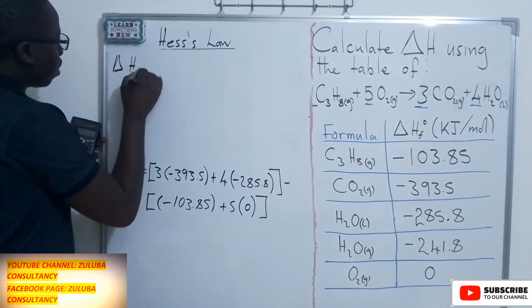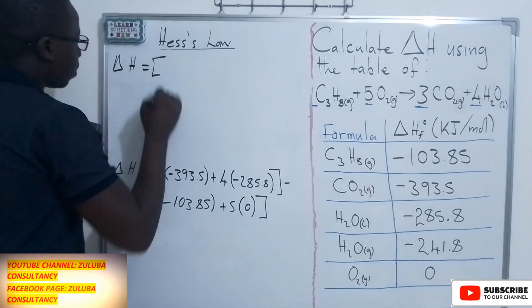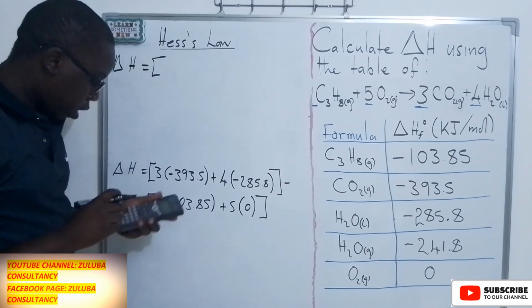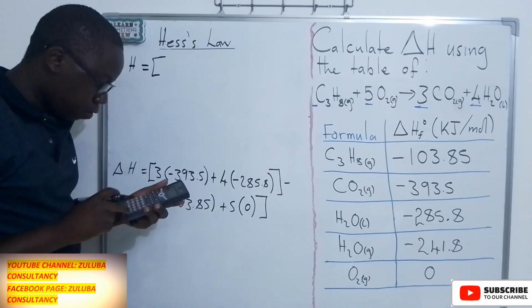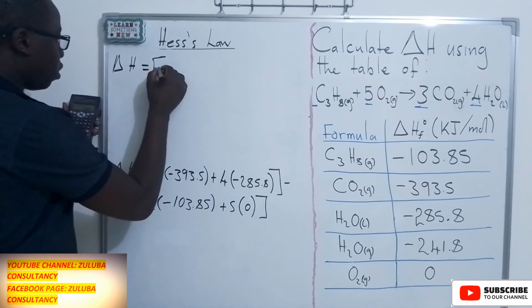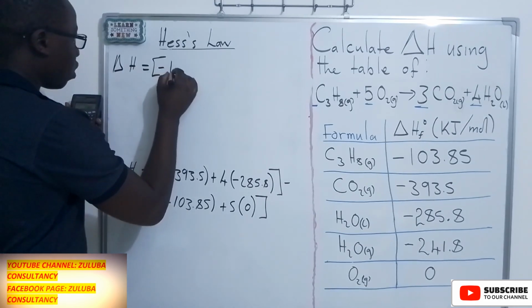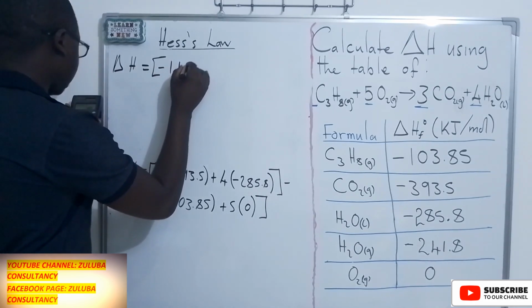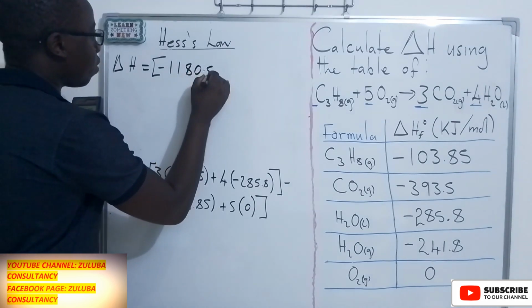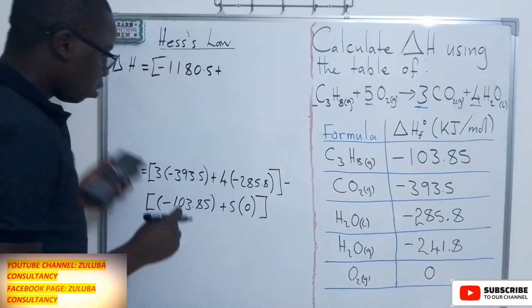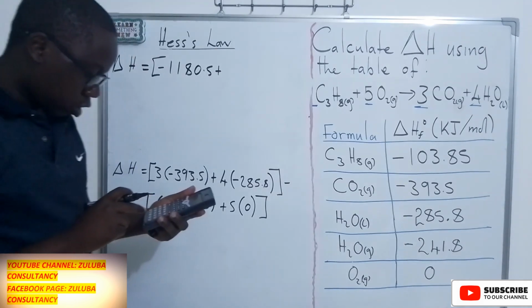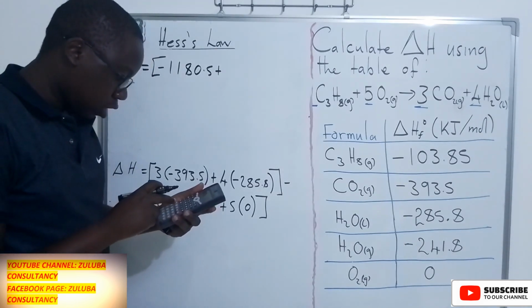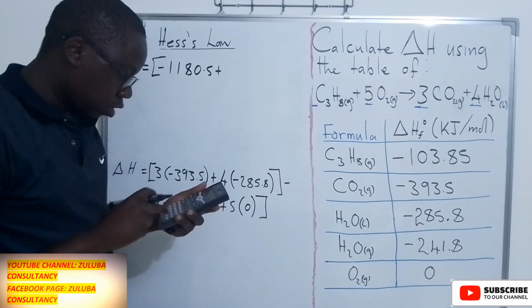Change in enthalpy will be equal to open bracket 3 multiplied by negative 393.5. It gives us negative 1180.5, plus 4 multiplied by negative 285.8.